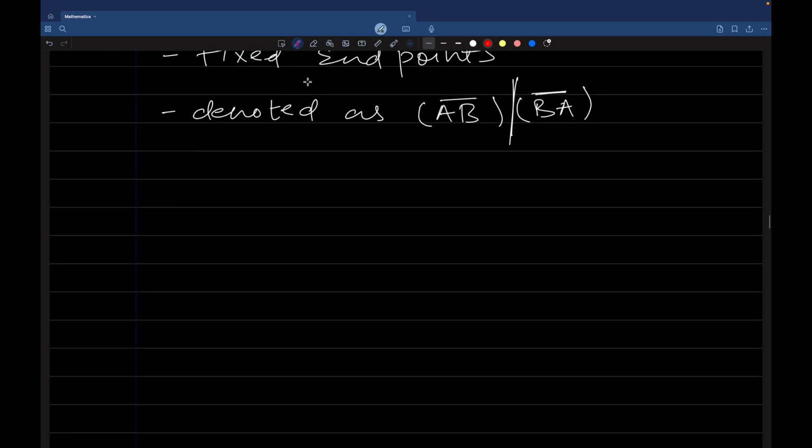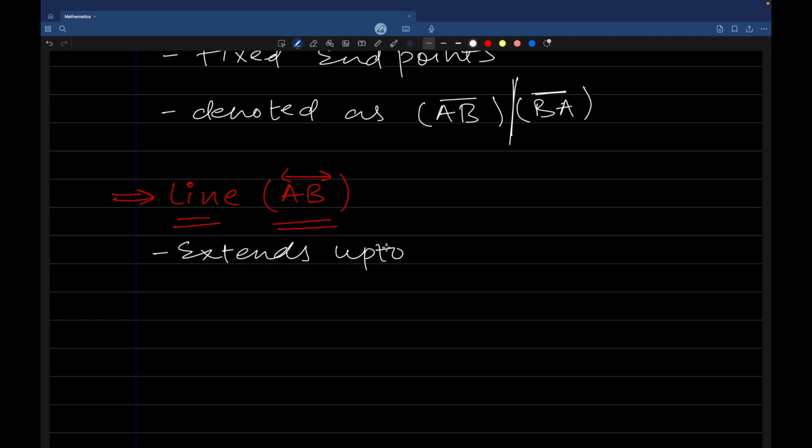Now let's note down some points about line. Line is represented as AB and an arrow above it. Line extends up to infinite, or endlessly, in both directions.